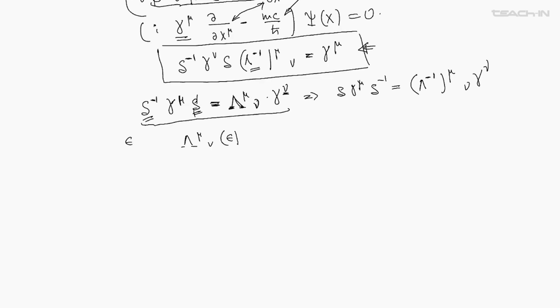The first term is an identity, and then the next term I will write in the form epsilon multiplied by η^{μρ} ω_{ρν} plus higher orders, where ω_{ρν} is an infinitesimal generator of Lorentz transformations.